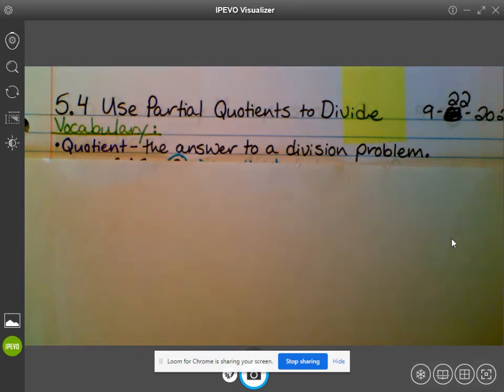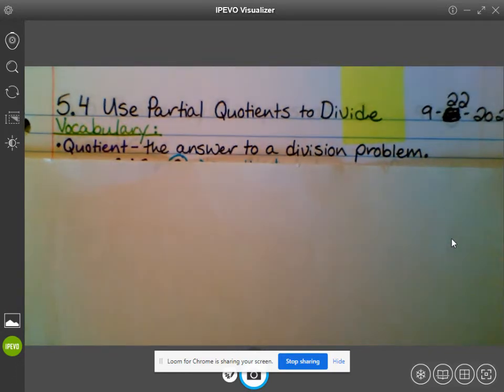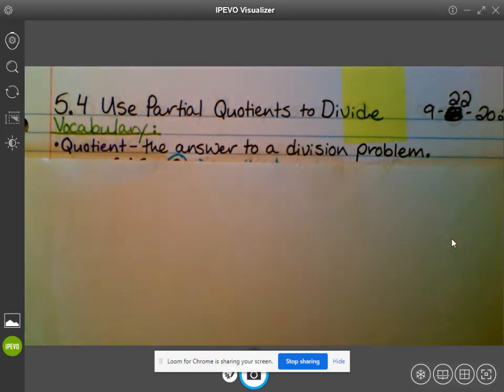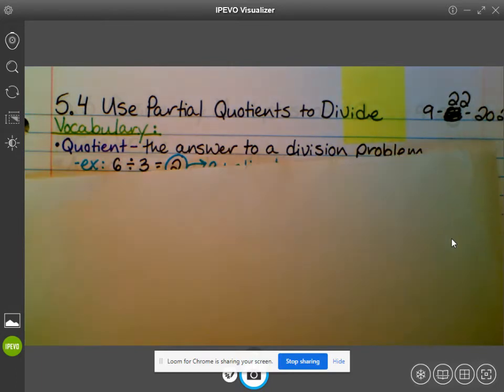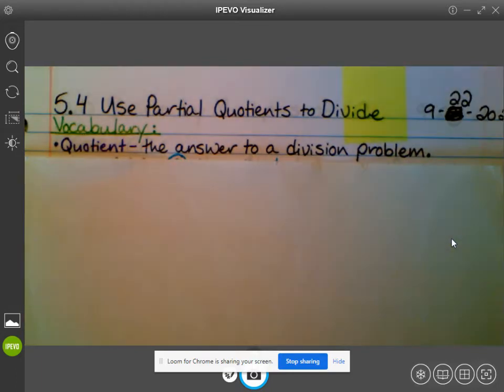Quotient is the answer to a division problem. I see some people finishing up the definition. The quotient, the answer to a division problem.